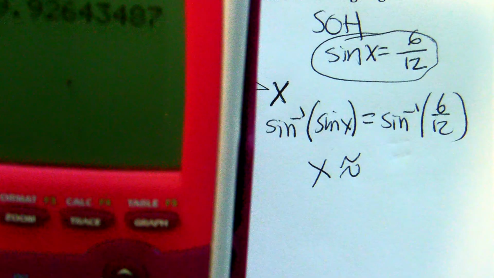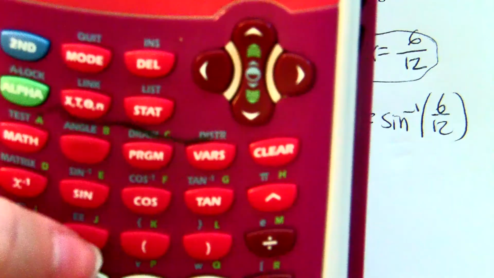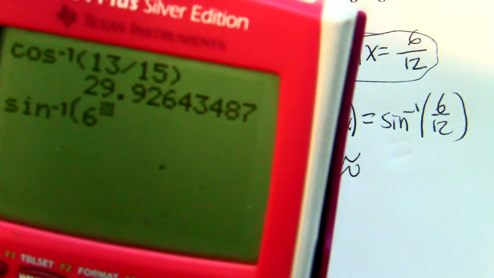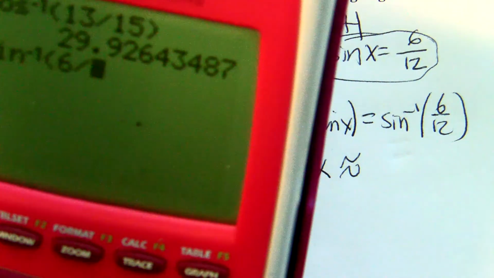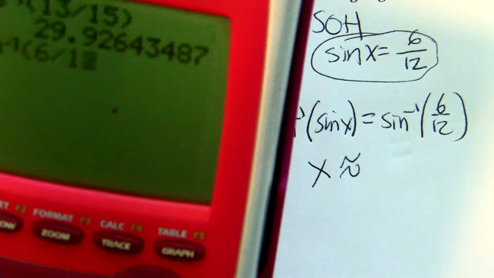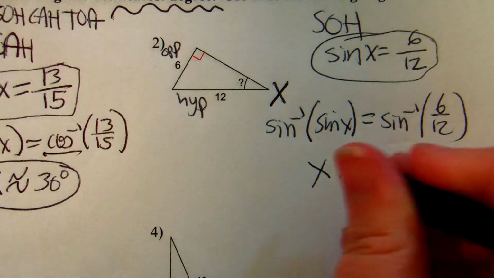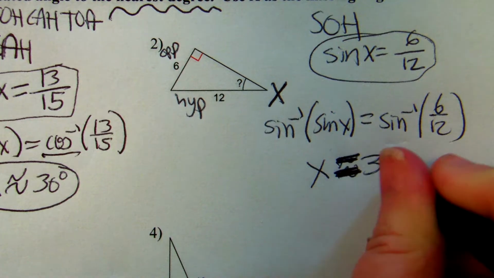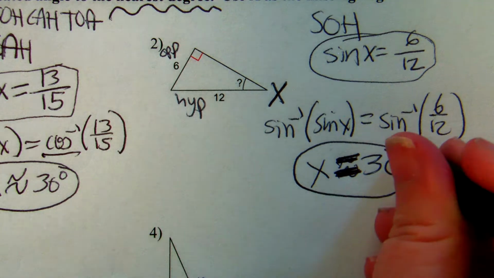So we do second sine. So it's sine inverse of 6 over 12. And it gives you 30, and it doesn't have approximately, it's exactly 30. So I write equals 30. That won't happen very often, most of the time. And it's 30 degrees.